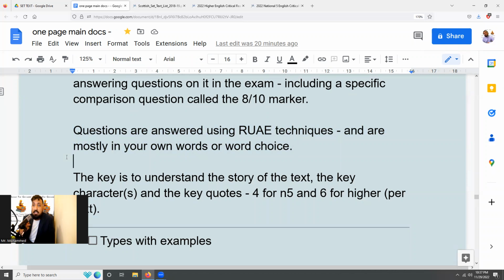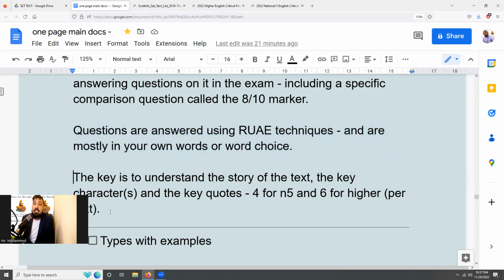For now, we're just thinking about the Scottish text overall, the big picture. So the questions are answered using RUAE techniques, mostly in your own words or word choice, which is great for us because we've just spent so long practicing RUAE and getting good at it. So if you're good at RUAE, you will be good at the Scottish text.